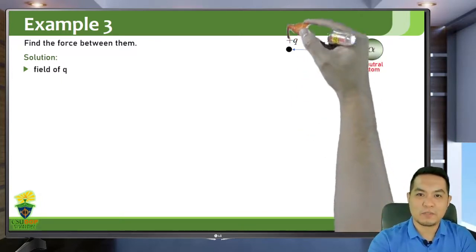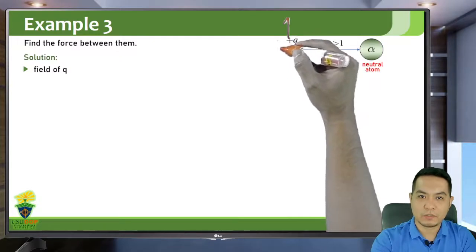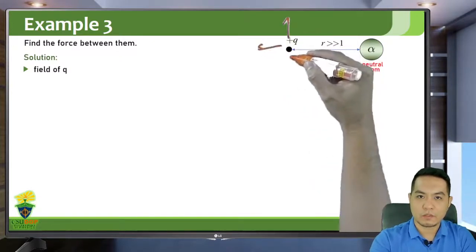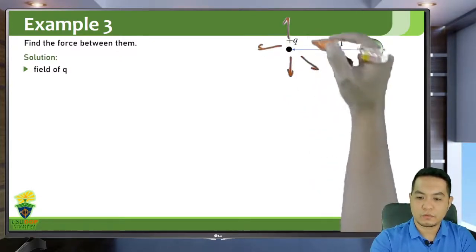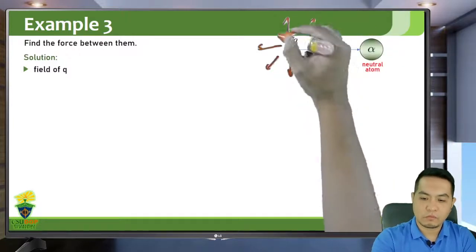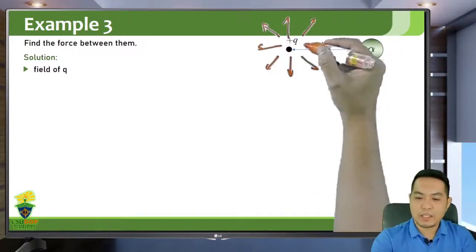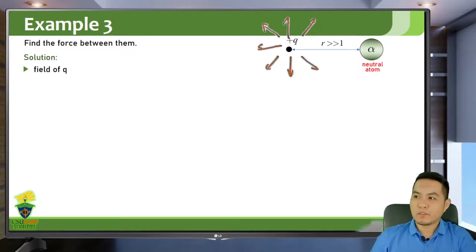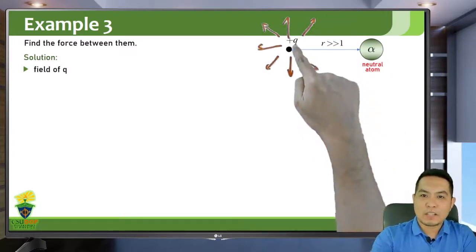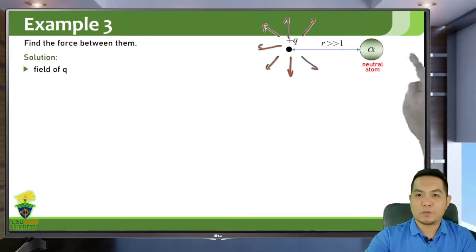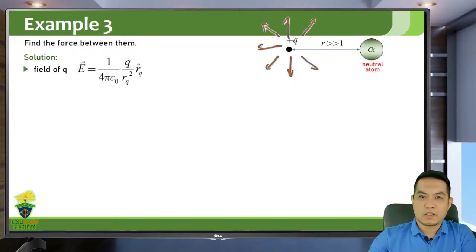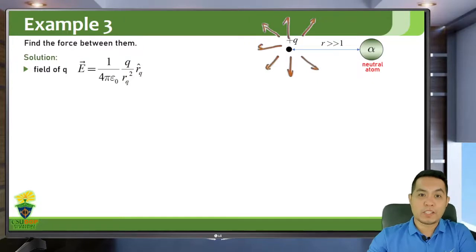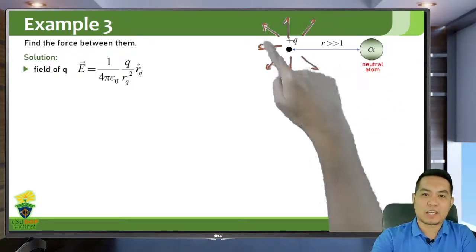So this is the electric field of the point charge, and the electric field at the location of the atom will be in this direction. The electric field of a point charge is just kQ over r squared, r hat. So r hat here is this direction, radially outward.